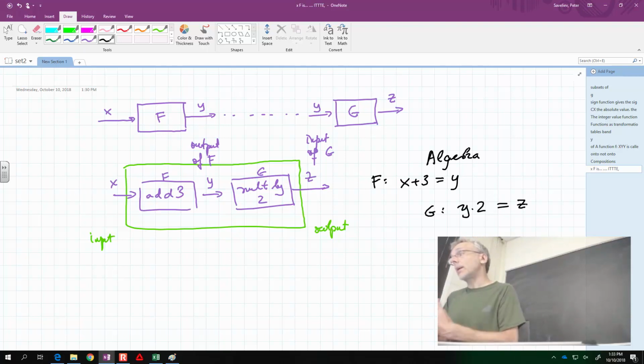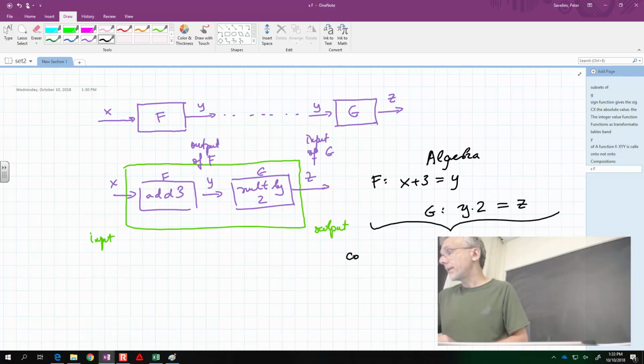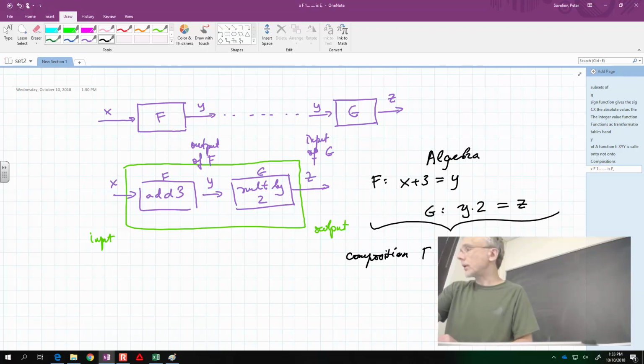Now, how do we combine them together to produce the composition? Composition: g circle f. Why is it g circle f, not f circle g?